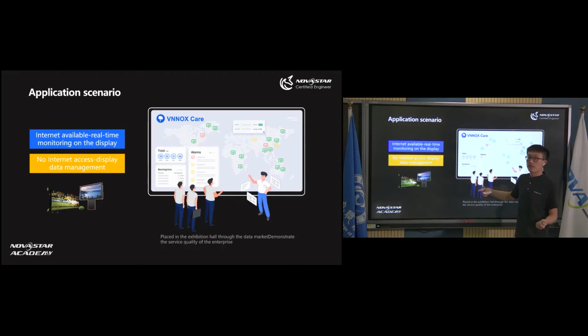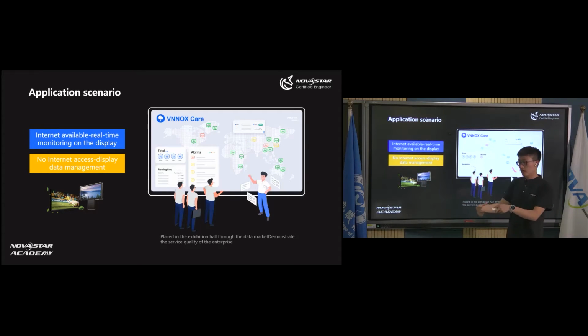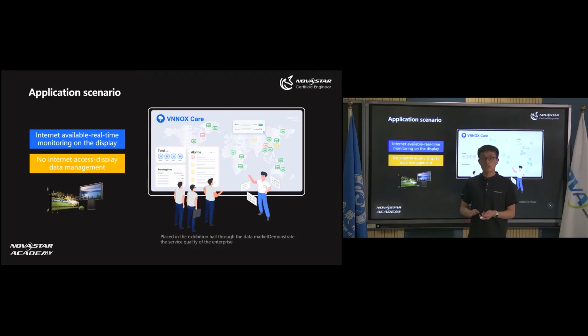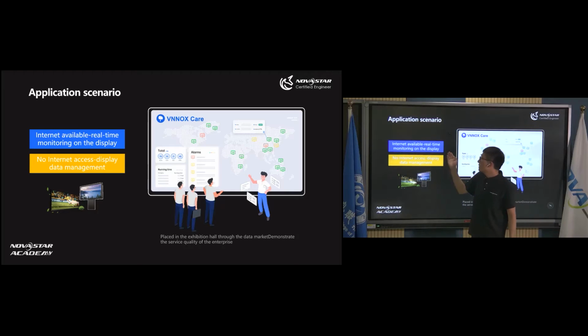The application scenario for Vnnox Care is of two kinds. If you use the Taurus box and the Taurus box is online, or you use a computer with a synchronized mode structure such as VX servers and the PC is online, you can monitor the display in real time, such as when your receiving card has an issue, or some screen's power supplier has an issue.